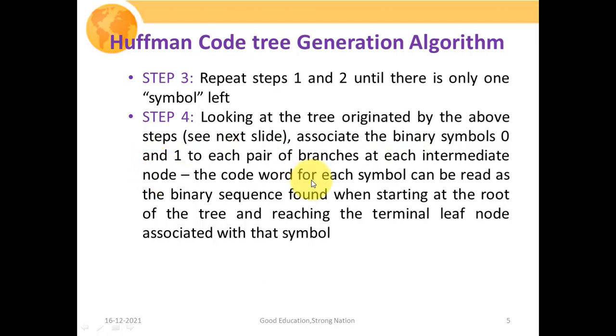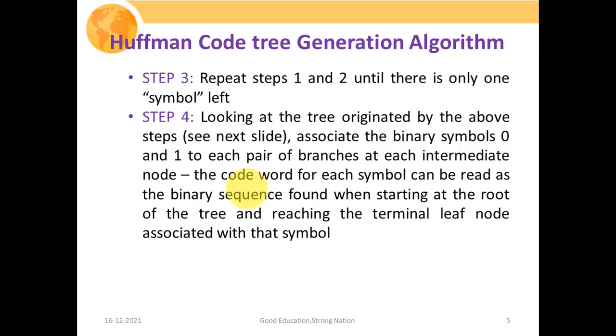The code word for each symbol can be read as the binary sequence found when starting at the root of the tree and reaching the terminal leaf node associated with that symbol. So this particular fourth point tells us how we are going to form the actual code. That is, we simply put the binary symbols 0 and 1, move back, and obtain the actual Huffman code.